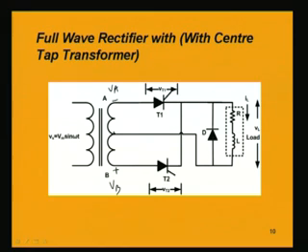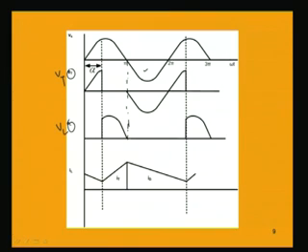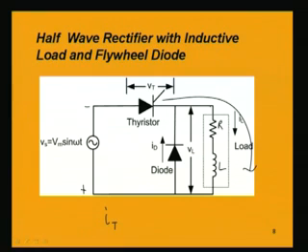Since the diode is forward biased, it will be bypassing that load current in this fashion. And what will be the output voltage across this load? That will be equal to the diode voltage, which is equal to 0.